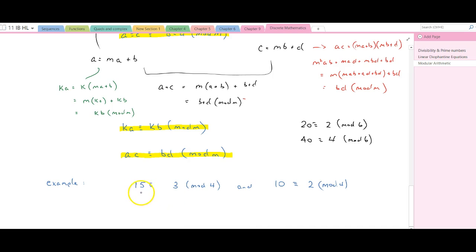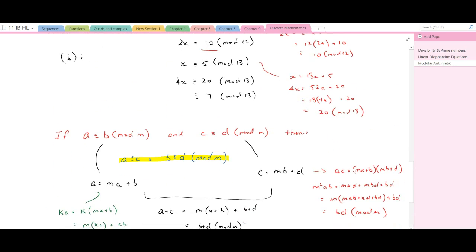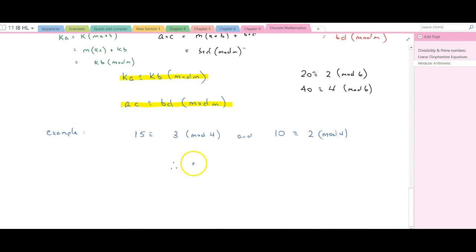We've said that if we add 15 and 10, looking at this first one here, A plus or minus C is B plus or minus D. So 15 plus 10 will equal 25, which equals 3 plus 2, 5 in mod 4, which is equal to 1 in mod 4. So the 15 plus 10 being 25 is 1 in mod 4. We get the same by adding the 3 and 2 in mod 4, which is equal to 1.